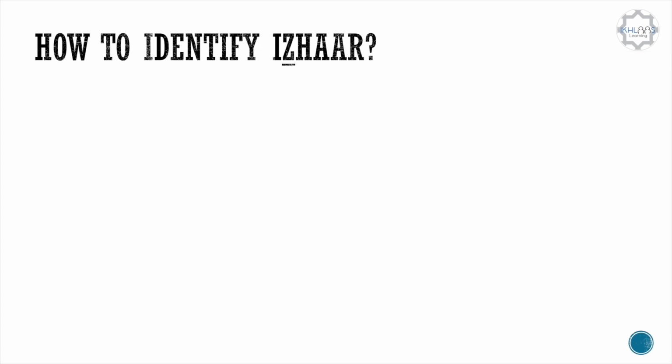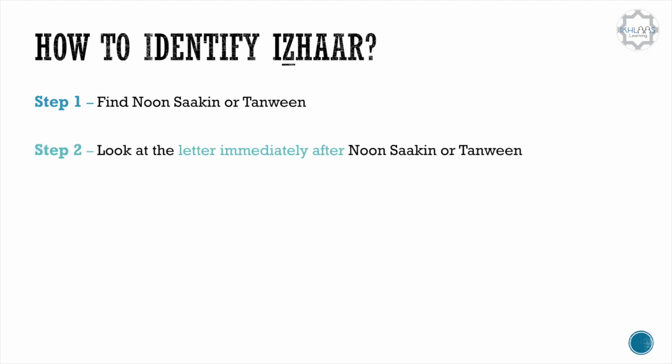How do we identify Izhaar? Step 1. Find the Noon Saakin or Tanween. Step 2. Look at the letter immediately after Noon Saakin or Tanween. And this applies to all the rules, which is Izhaar, Iqlab, Idgham and Ikfa.